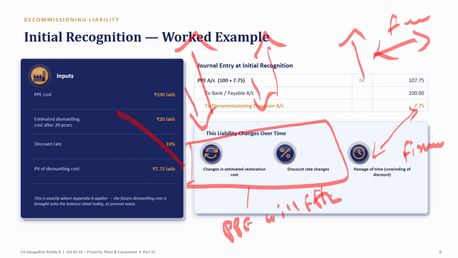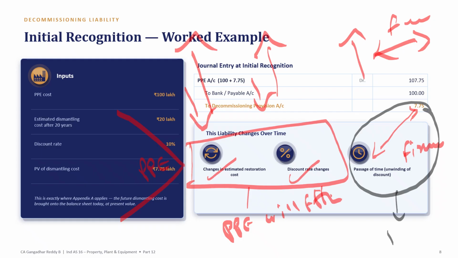Again, in these situations, if any decommissioning liability is changing due to its original cost or its discount rate, you should check the PPE asset revaluation. I mean the PPE value will change, but if the increase is due to passage of time, this will be charged directly to the P&L account as finance cost.